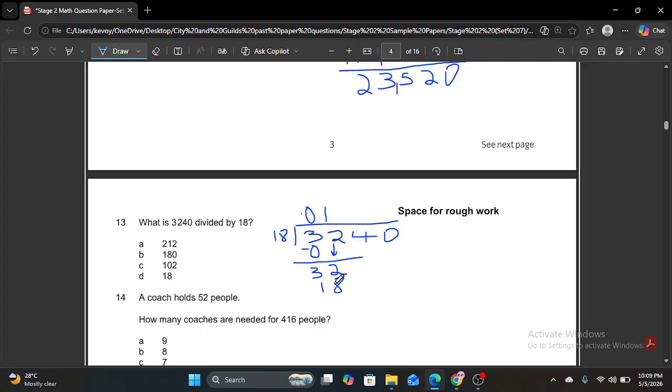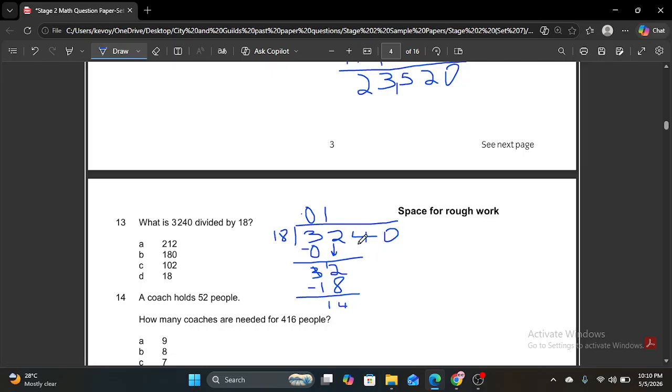Why? Because 1 times 18 is 18. After you multiply you do subtraction. After you subtract, you have 32 minus 18, and that will give you 14. 8 minus 12, that is just 4. 2 minus 1 is 1.